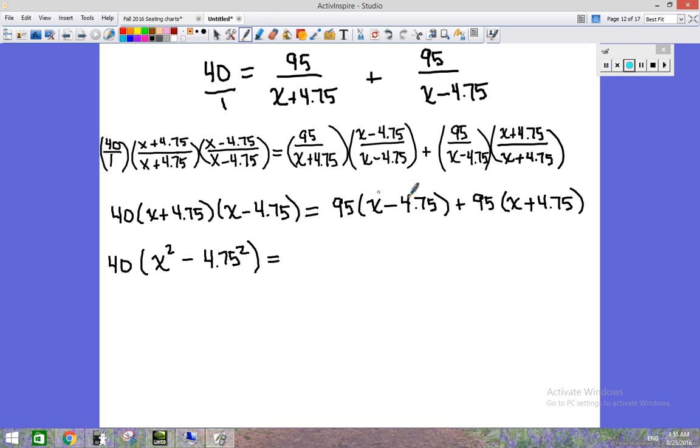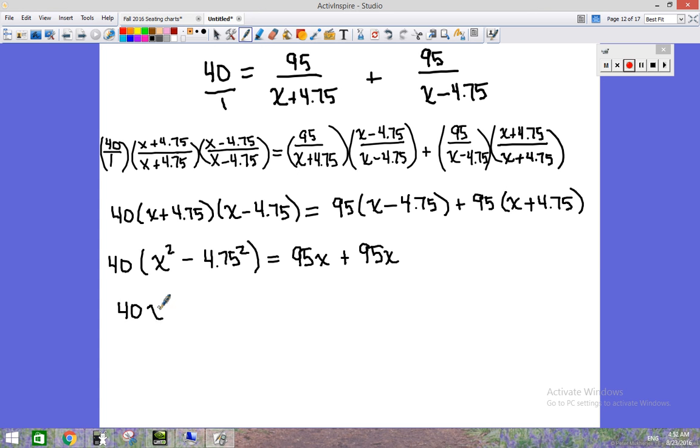So when I distribute this, I have this 95x, but this minus this product, and then over here the plus on that second term when I distribute are going to cancel each other out. So to save writing, you would have had minus 4.75 times 95, and then over here plus 4.75 times 95, and those just cancel each other out.